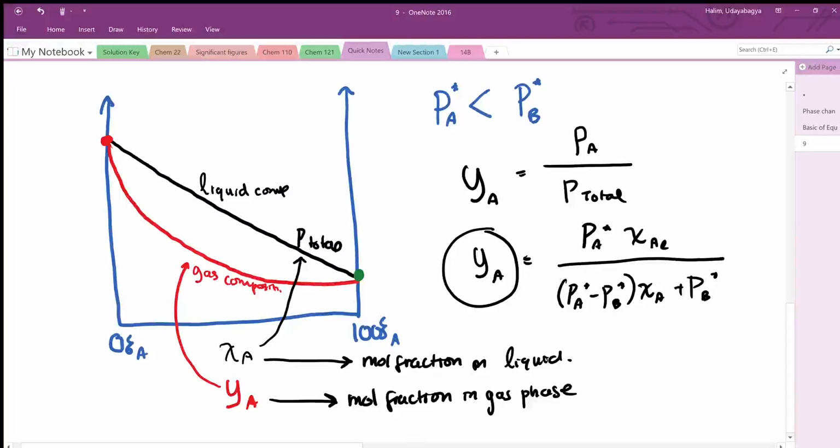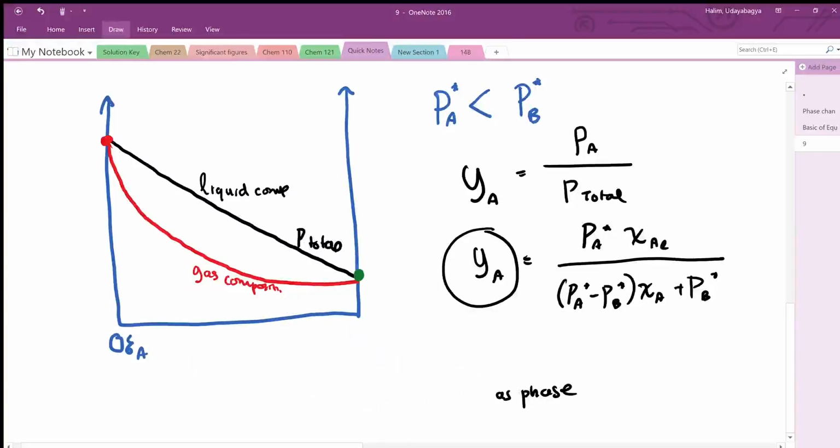That is to say, the red one is the gas composition or y, and the black one is the liquid composition or x. So this is 0% A and 100% A. I just want to clean up the graph a bit.